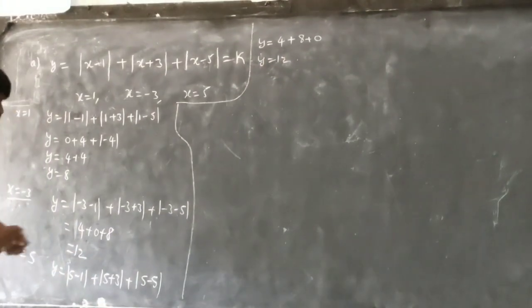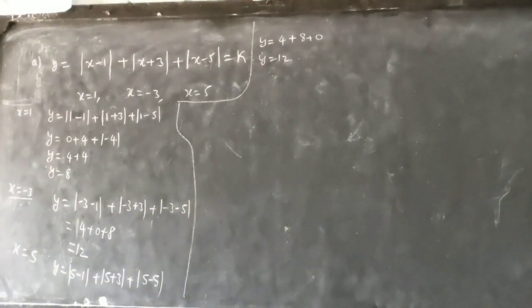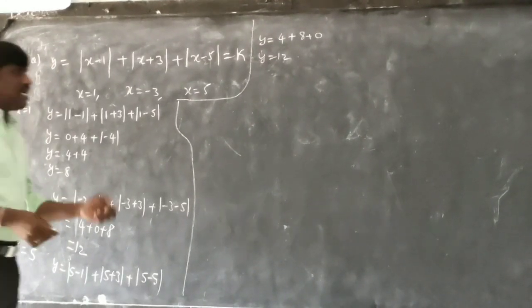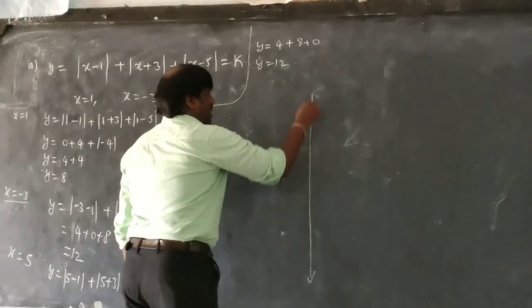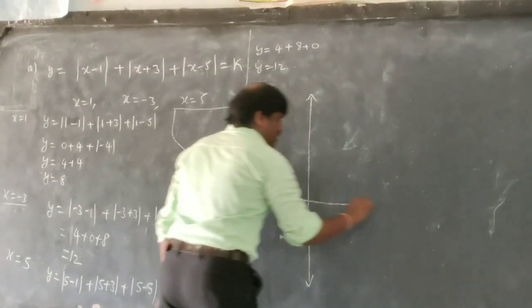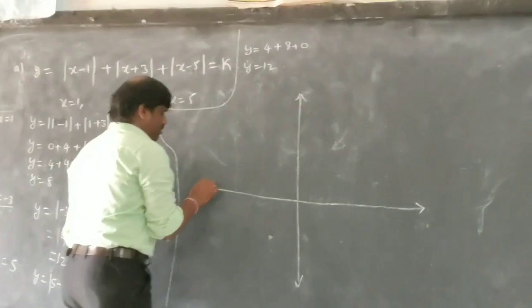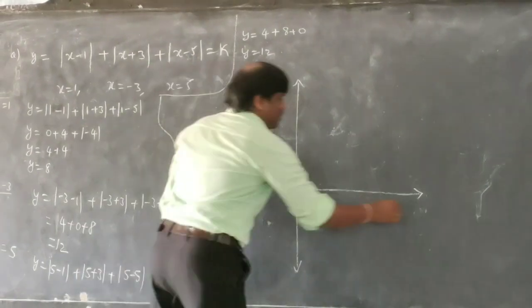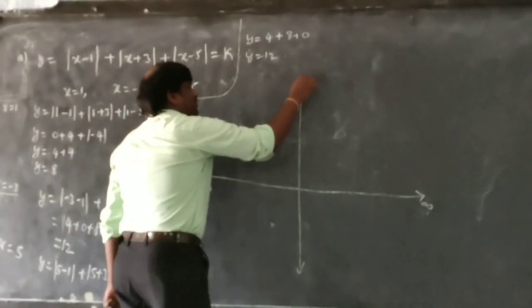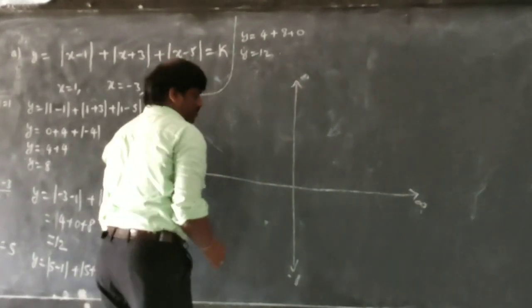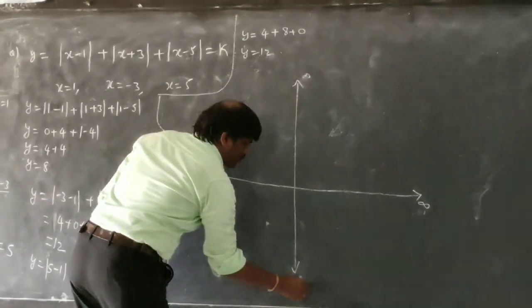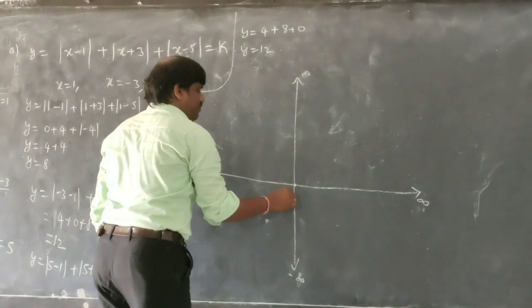Now all these 3 points you got. Let us draw the graph of this function. So take the x-axis and the y-axis and draw the function. See the behavior of the function, from minus infinity to plus infinity. Now this point is 0, 0.